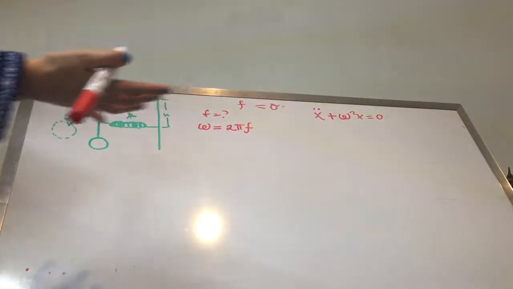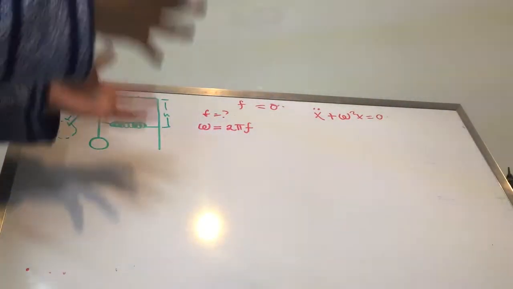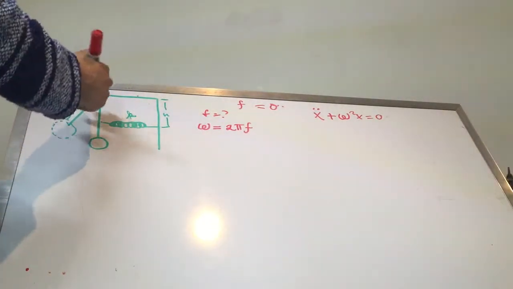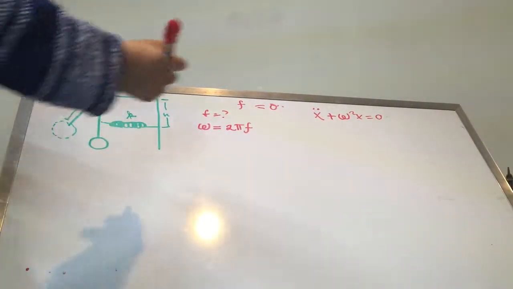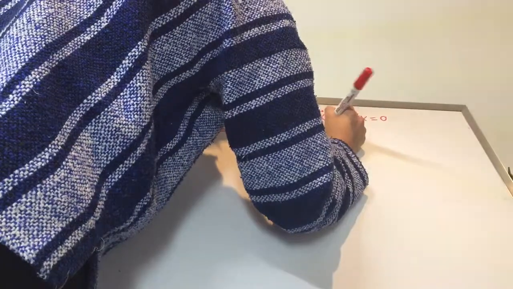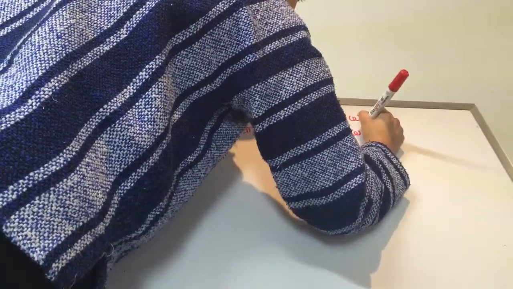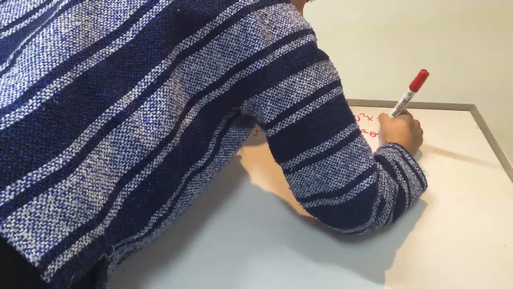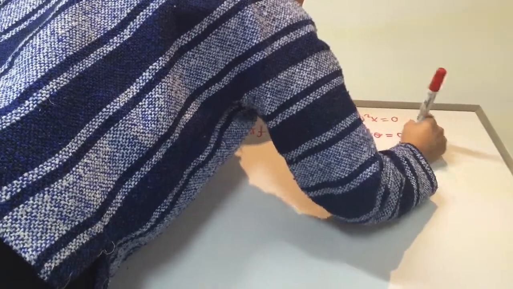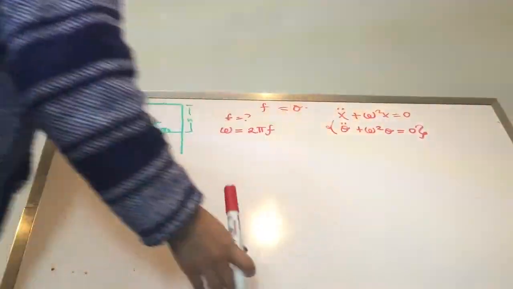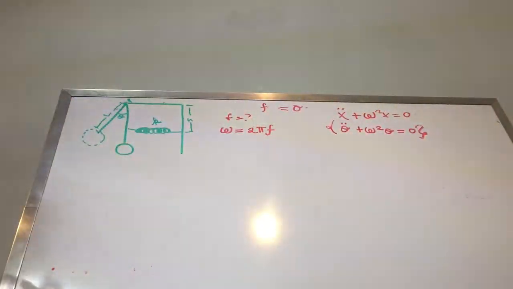So we're going to find a similar equation, but defined for the angle that is right here, the second derivative of theta plus omega squared times theta equals 0. This is the one that we first need to find to determine the real frequency.